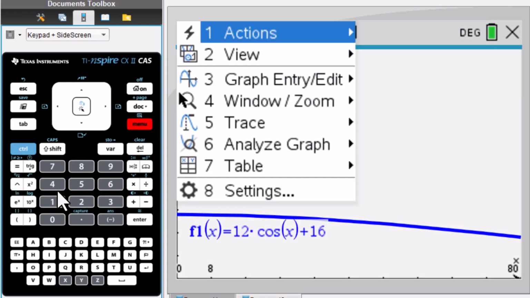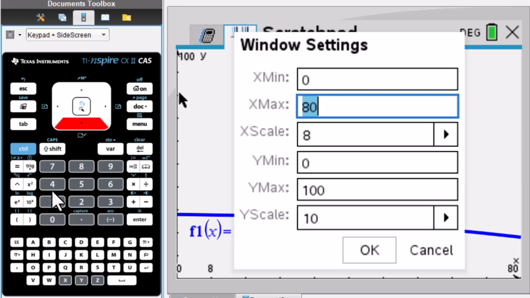Change the window: 0, 360, scale is 36, Y minimum 0, maximum 30, scale 30 divided by 10 is 3.